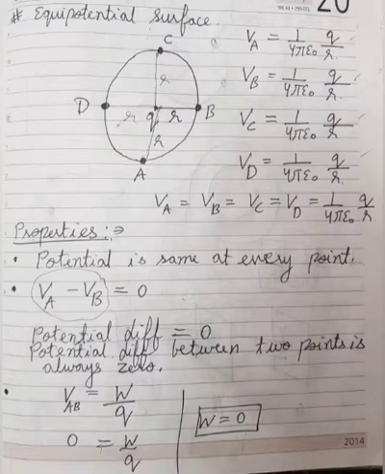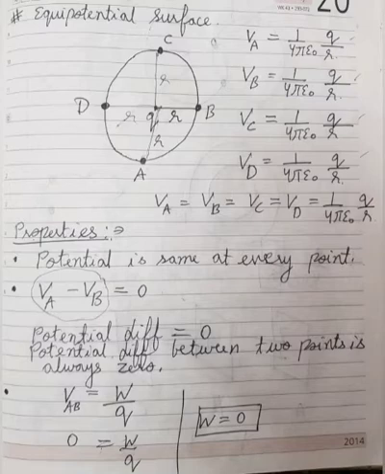Now as we can see, when the charge is placed on the surface, the charge would get distributed on the surface, and if we calculate the potential at A, B, C and D, then VA, that is potential at A, would be 1 upon 4 pi epsilon naught Q by R, because R is the distance from the center.